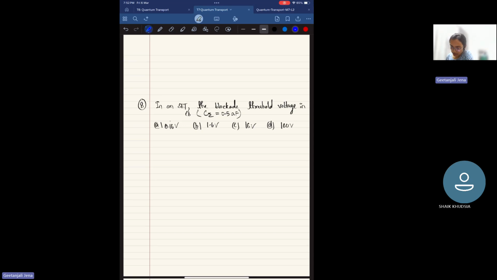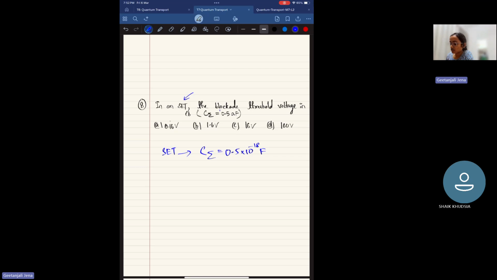Question number 8 says, in a SET, which means single electron transistor, the Coulomb blockade threshold voltage is, okay. So it's given a single electron transistor and the effective capacitance is also given, 0.5 into 10 to the minus 18 farad.